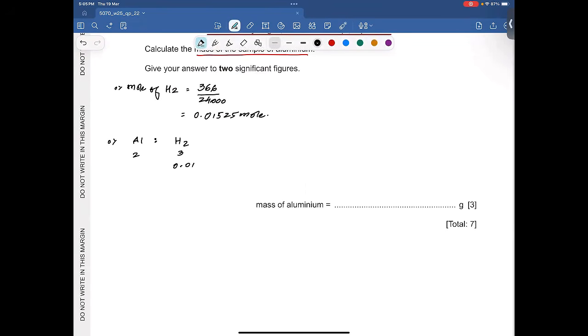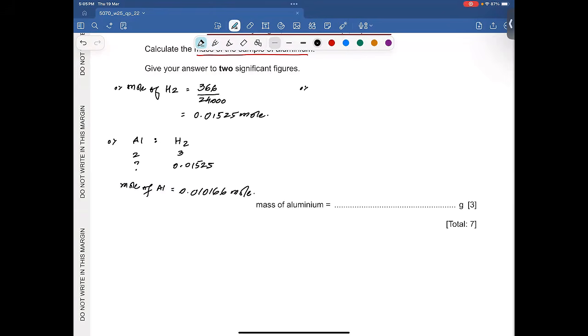When we have 0.01525 moles of hydrogen, moles of aluminum would be 0.010166 moles.